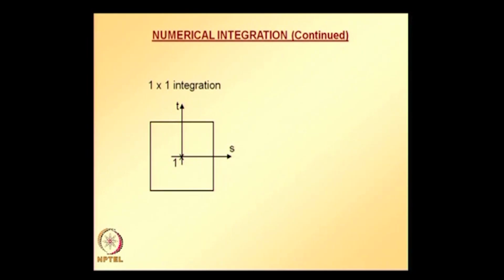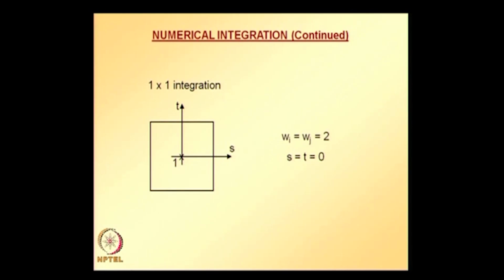So, now let us look at how to get the coordinates for 1 by 1 integration. In the S direction the location is at S is equal to 0, in the T direction the location is at T is equal to 0. So, the location of the Gauss point is going to be 0, 0.